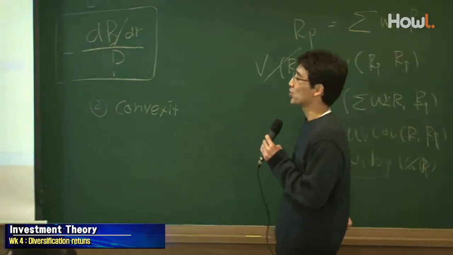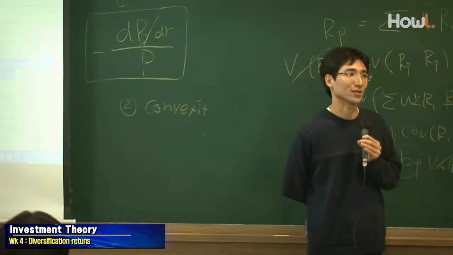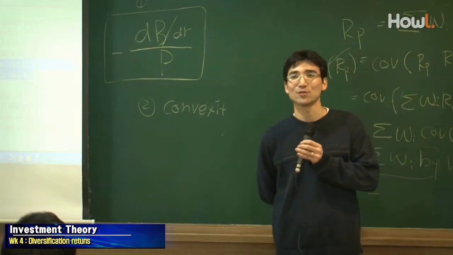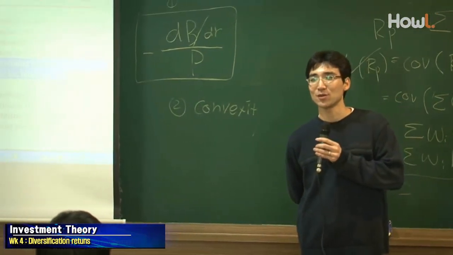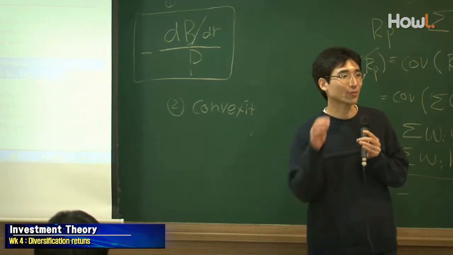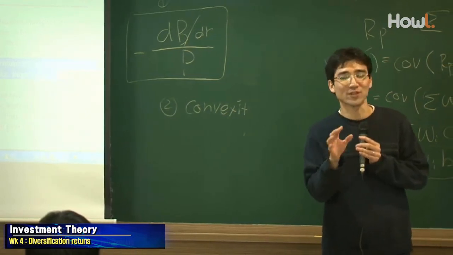So, when we judge the benefit of an individual asset in a portfolio, just looking at its own expected return and standard deviation is not enough. We have to see how it creates diversification benefit in a portfolio.